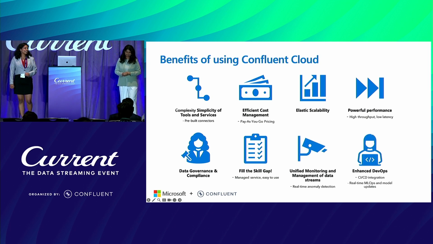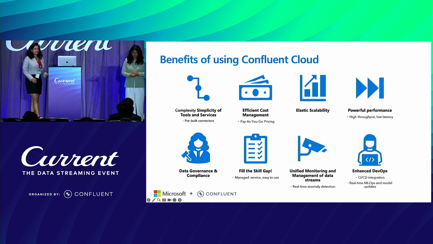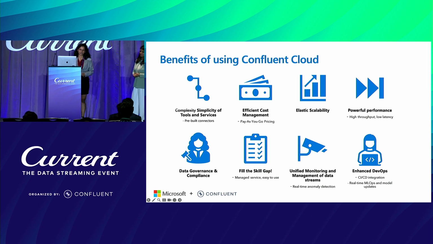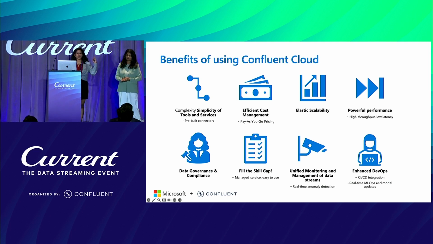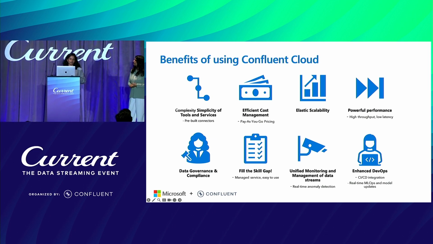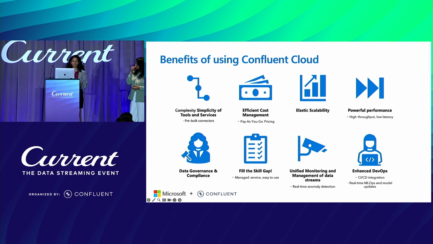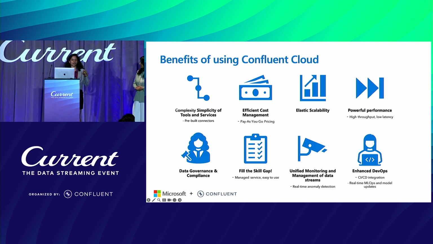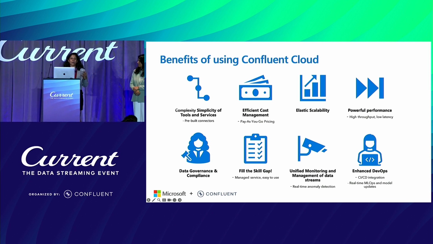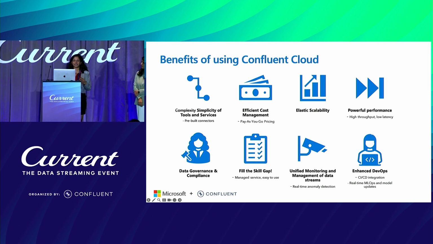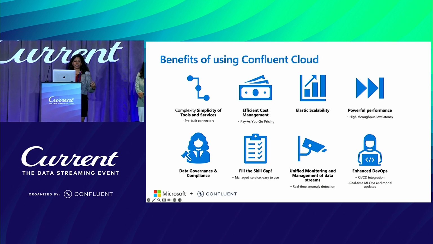Cool. So moving on, I think we have talked a lot about the benefits of using Confluent on Azure. But what are the generic benefits of using Confluent Cloud? These pertain to a lot of pain points which Israel had already spoken about, right? With the solution being available to you, you are cutting down a lot of complexity in managing your data. Everything is streamlined. You have a lot of cost savings.